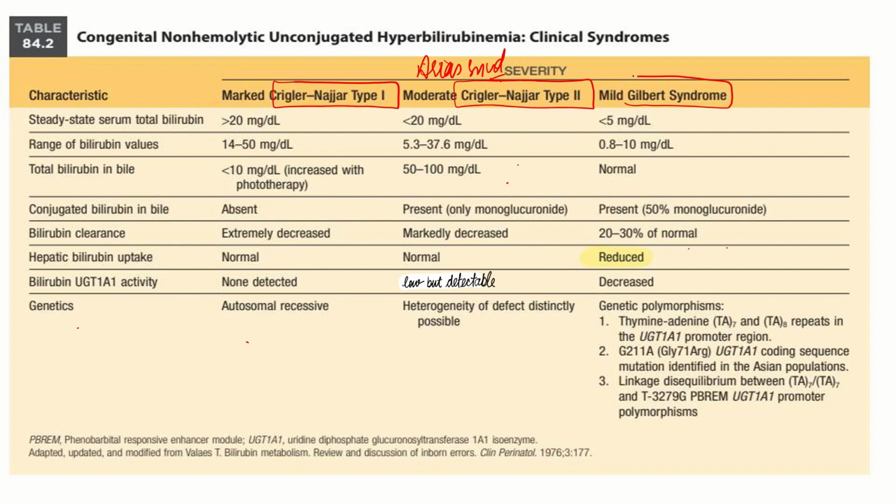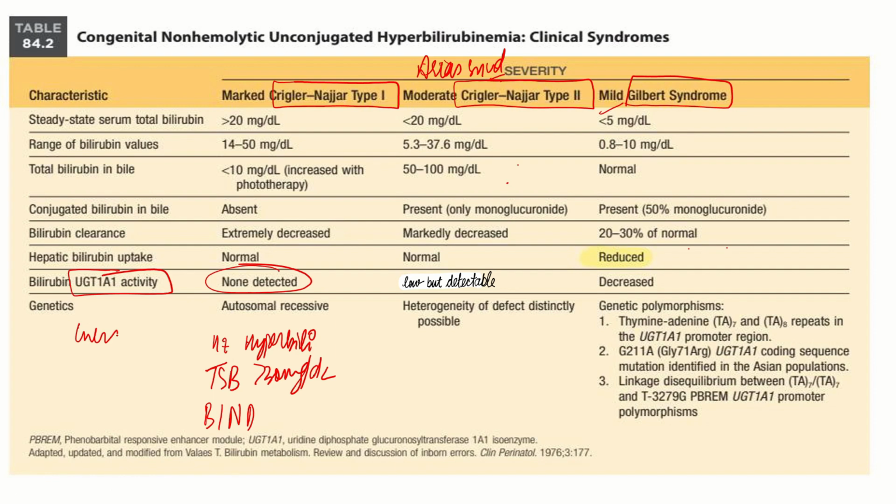In type 1, the UGT1A1 activity is completely absent, not detected at all. Therefore, these kids end up with hazardous hyperbilirubinemia, more than 30 mg per dl of total serum bilirubin. And all of them will end up with bilirubin-induced neurological dysfunction, a severe variety, if not managed well in time. The only definite treatment here is a liver transplant.